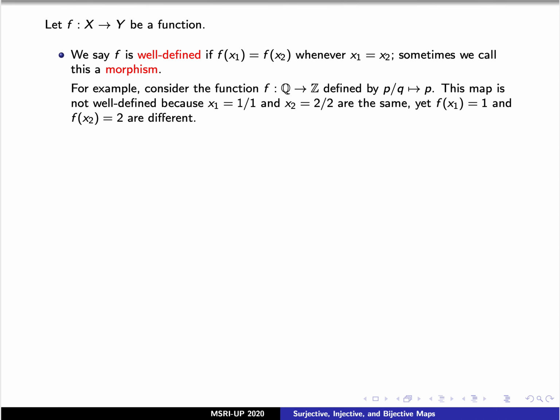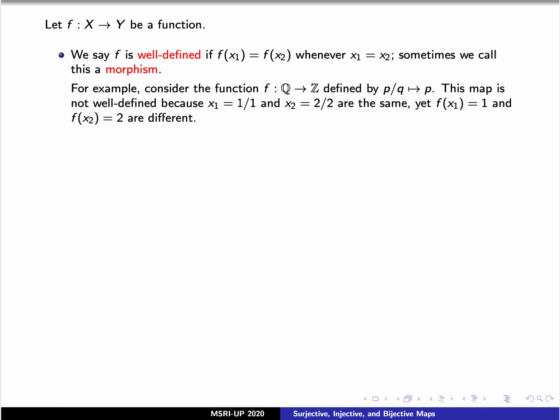Now this may seem a little bit strange, but let's review an example of one that is not well-defined. Consider the following function, mapping from the rational numbers Q to the integers Z. Given a rational number, let's denote this as p over q, let's simply map that to the numerator p. We claim that this map is not well-defined.